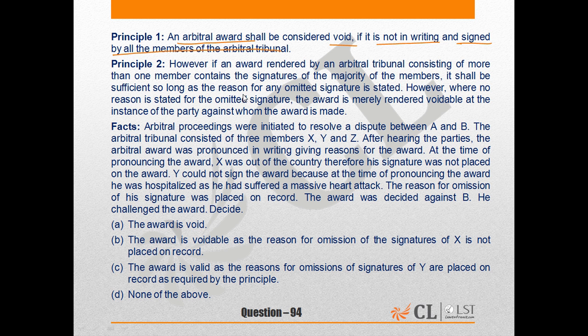Principle 2 says that if an award rendered by an arbitral tribunal consisting of more than one member contains the signatures of the majority of the members, it shall be sufficient as long as the reason for the omitted signature is stated.